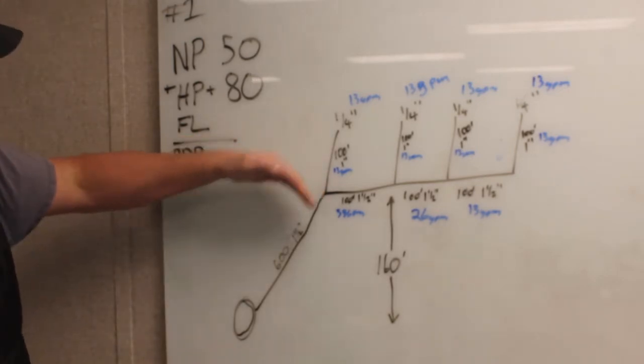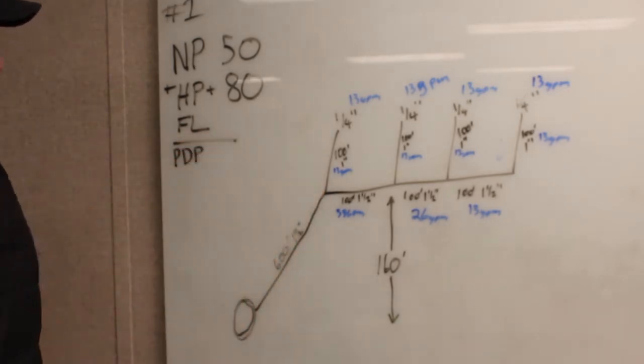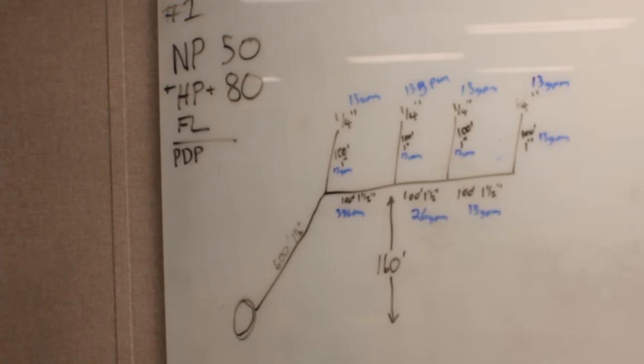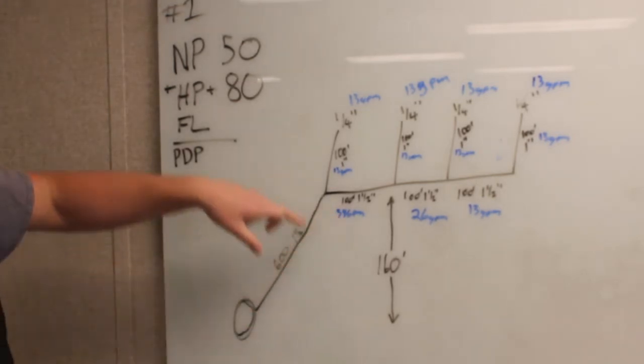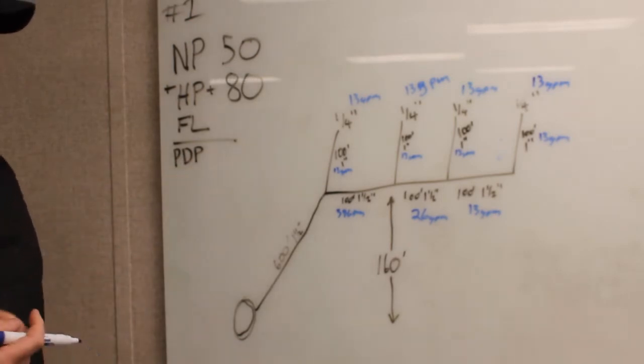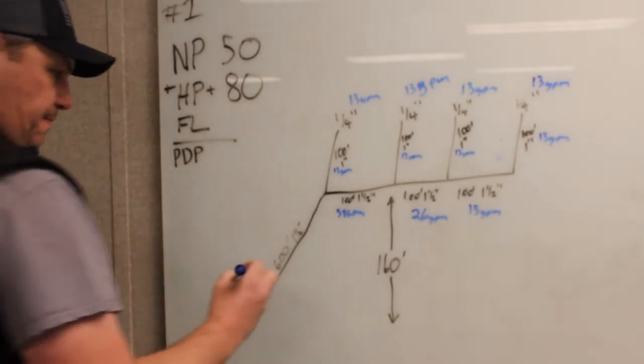As I back up, this piece of the 600-foot chunk of hose, how much volume is flowing through that? Well, I have 39 and I have 13, so 52.